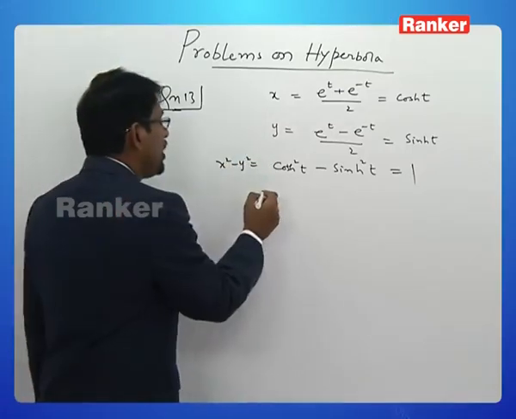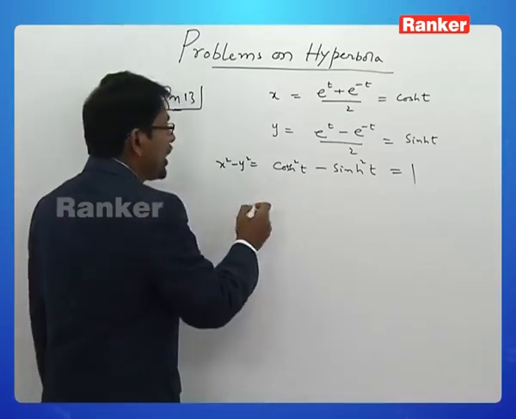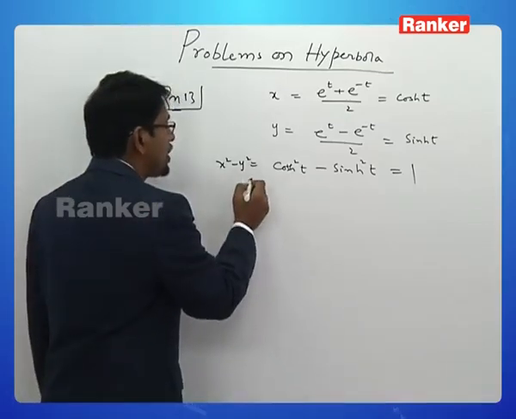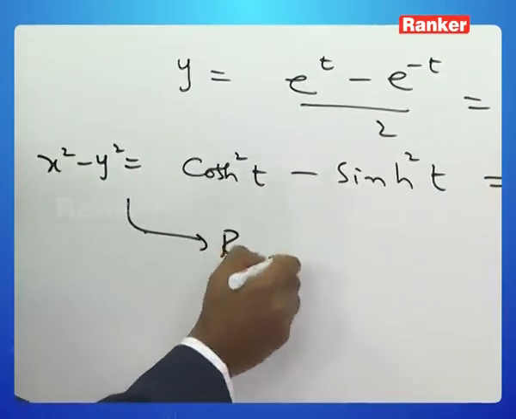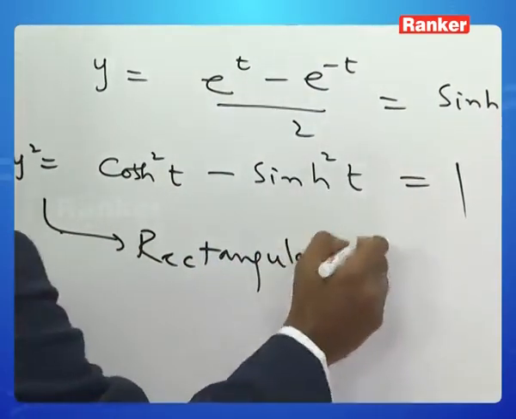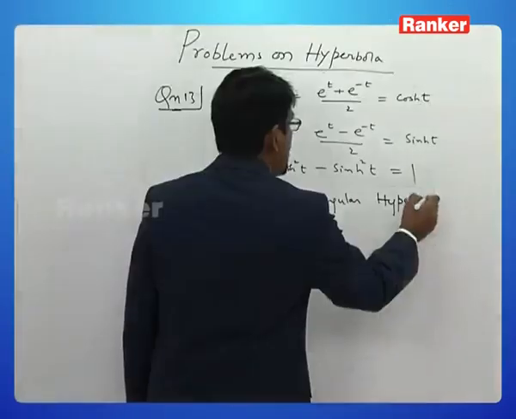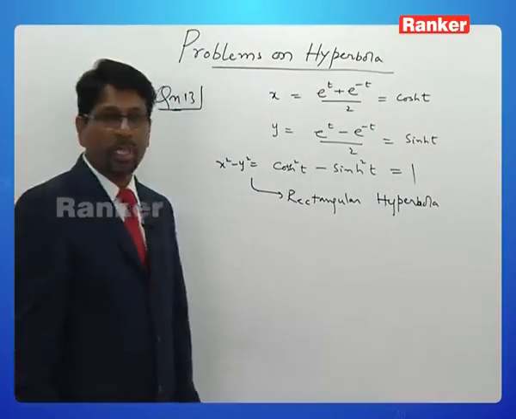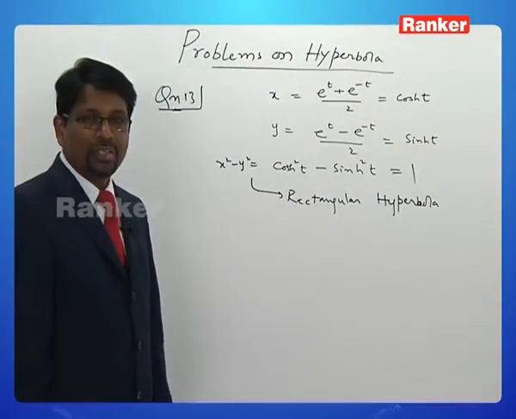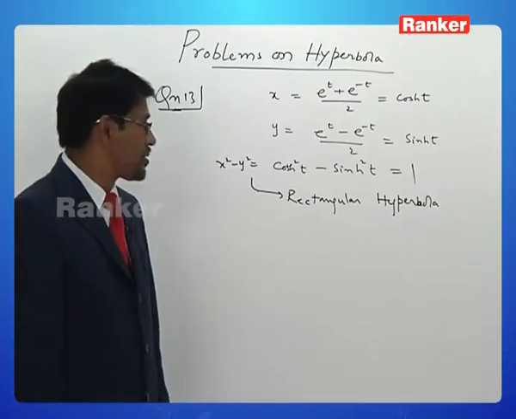So this is a rectangular hyperbola, a equal to b. What is a rectangular hyperbola? A hyperbola where the length of the transverse axis is equal to the length of the conjugate axis.